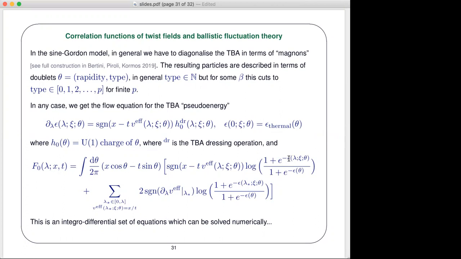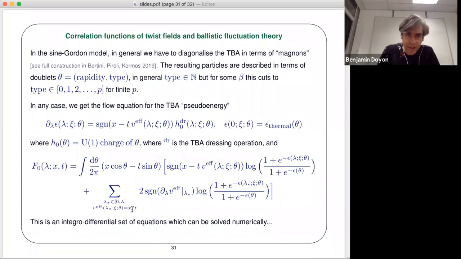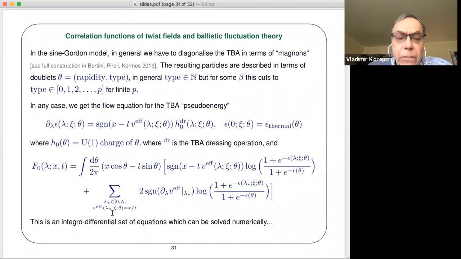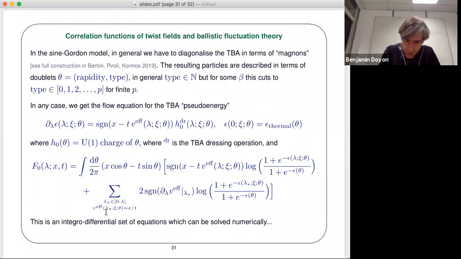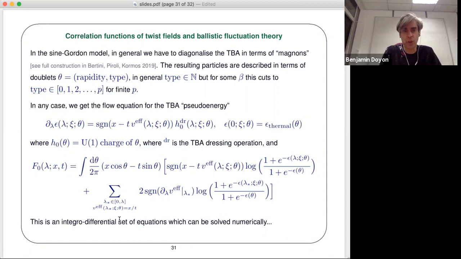I have a stupid question. The definition of this lambda asterisk, this is the lowest second line under the sum. What's the definition? Yeah, correct. So this lambda asterisk is the one that solves the equation where the effective velocity at that lambda is equal to the ray x over t. And it also must satisfy the condition of being between 0 and lambda.